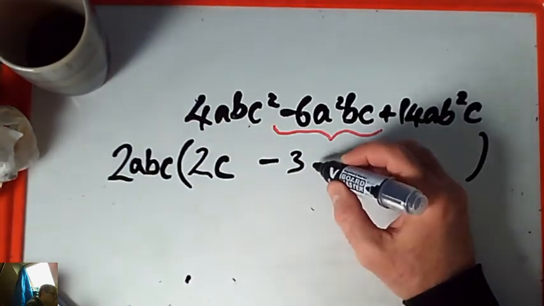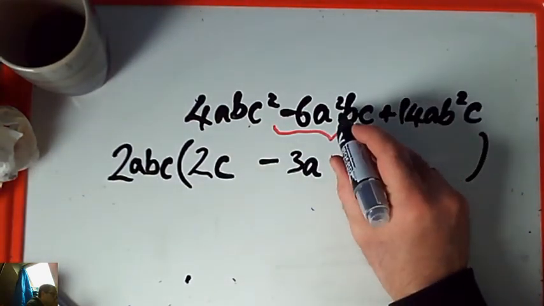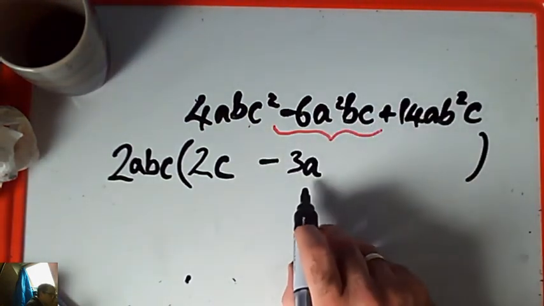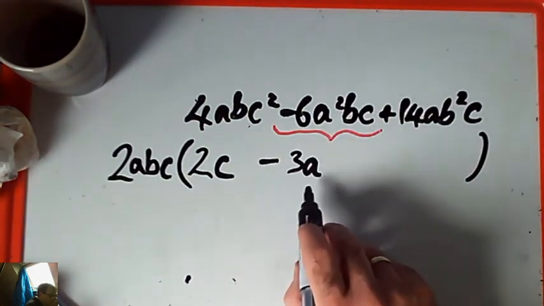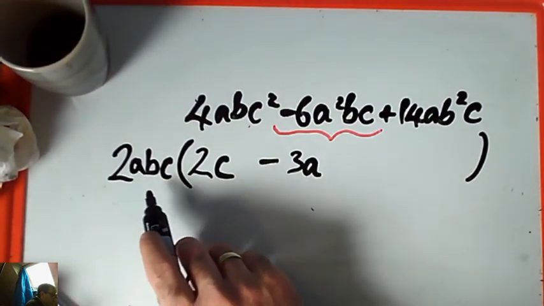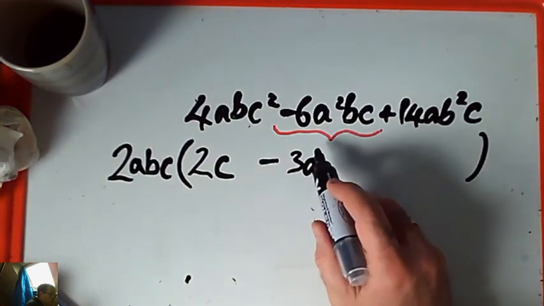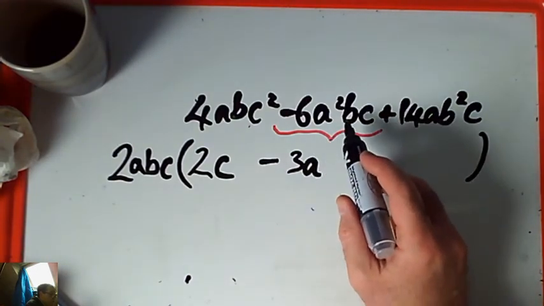The a multiplied by another a would give me the a squared. And then we've got the b and we've got the c. So minus 3a in the bracket for that. So 2abc times minus 3a gives you the minus 6a squared bc.